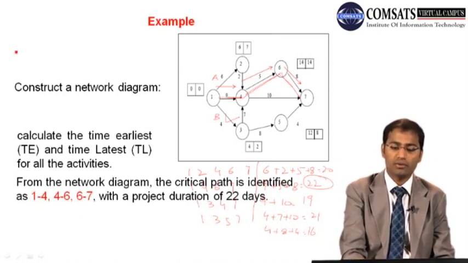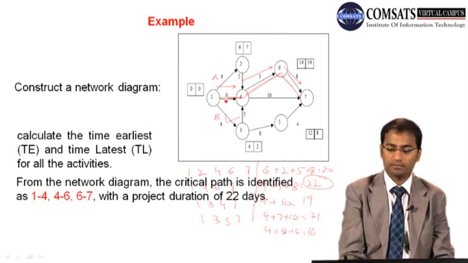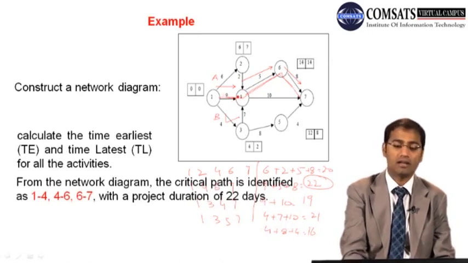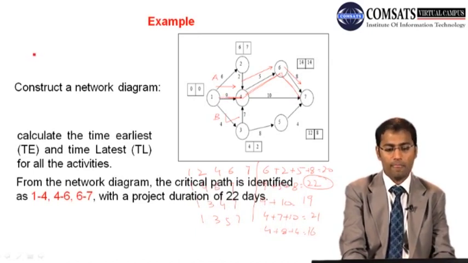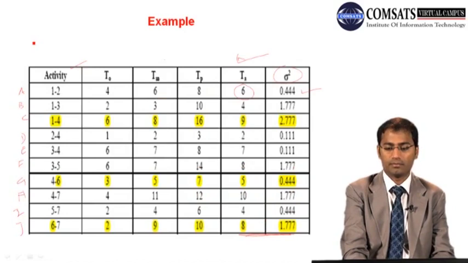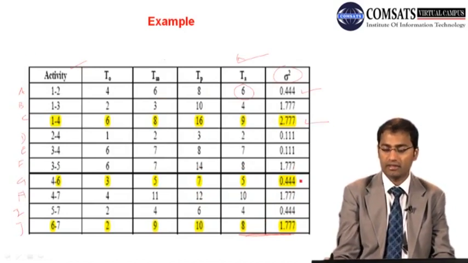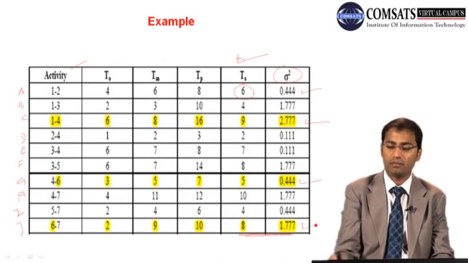So what we will do is we will take the variance of the 3 activities which are on the critical path, and we will add them up. This activity is on the critical path, this activity is on the critical path, and this activity is on the critical path.